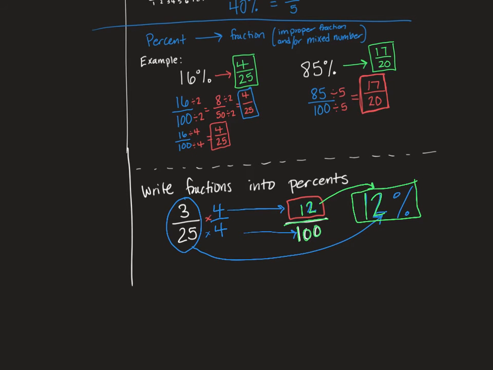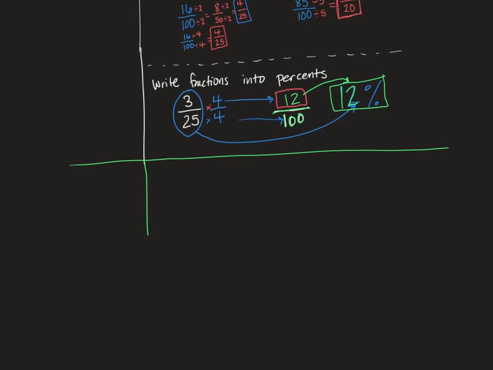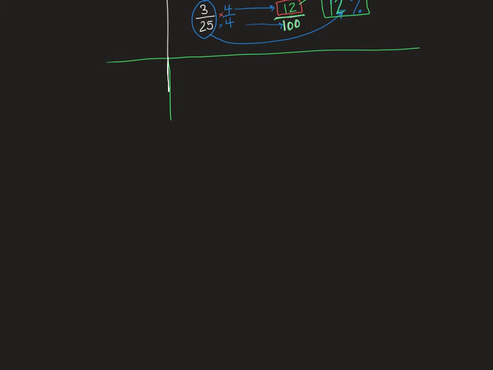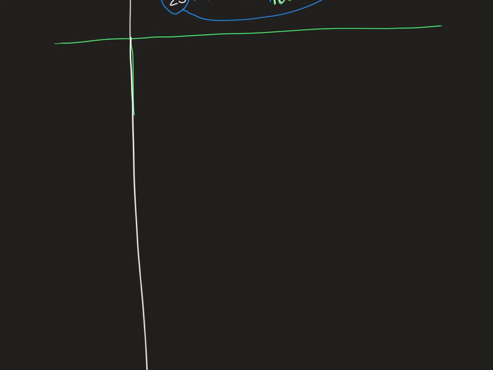Pretty cool. All right, so now the 7th grade stuff. And I'm going to go ahead and just draw my line a little bit and then zoom in. So this is the 7th grade curriculum now. And you might have already learned this, but we're categorizing it as 7th grade stuff.